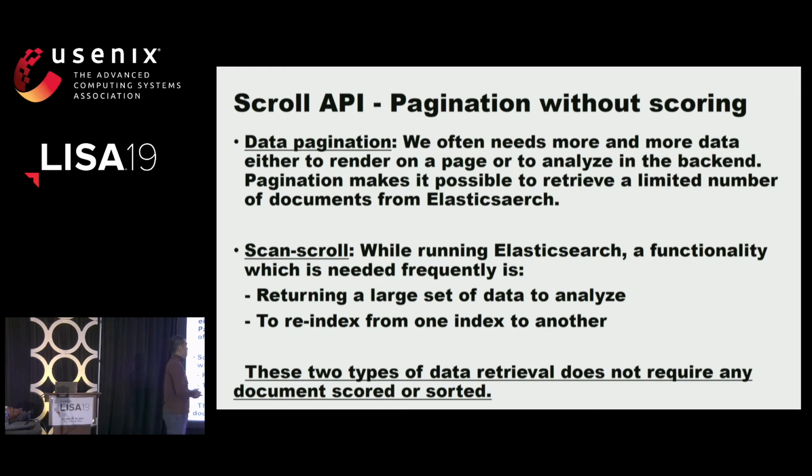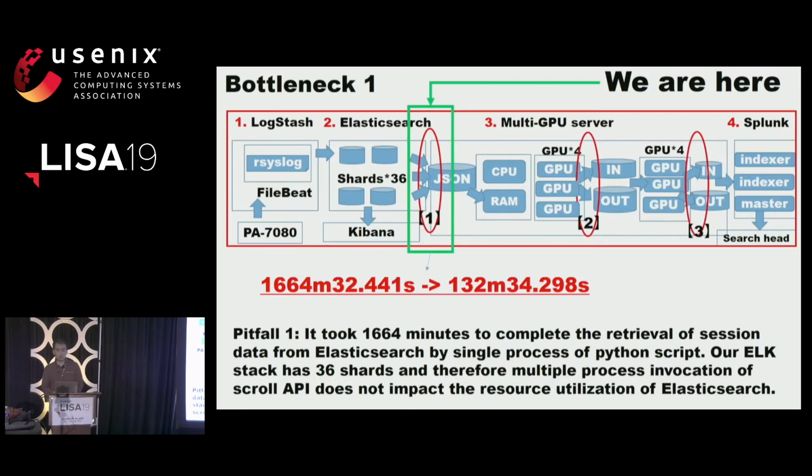We often need more and more data to render on a page or to analyze in the backend, as is usual in browsing web pages. But the difference is that the functionality of scan scroll is needed frequently for 2 purposes: returning a large set of data to analyze and re-indexing. This is okay.